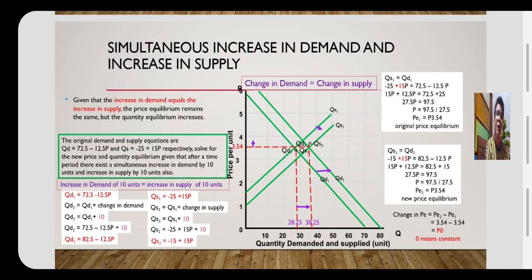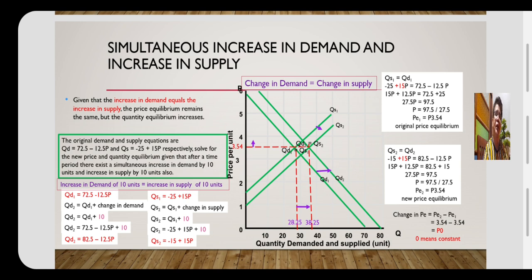If we look at the curves, you'll notice that the gap between the supply curves is as big as the gap between the demand curves. That is to graphically illustrate that the change in demand is equal to the change in supply.